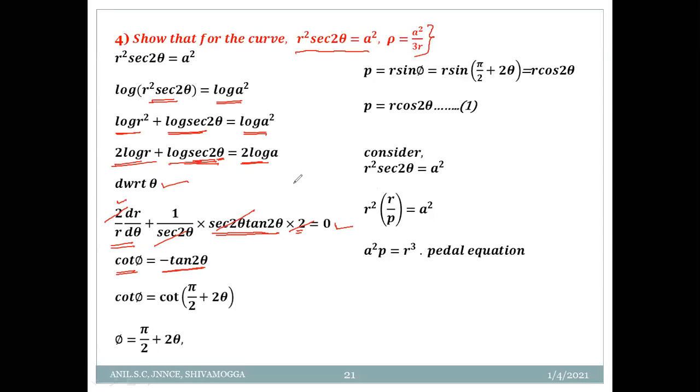And we know that cot of pi by 2 plus theta is equal to minus tan theta. Use this expression. Therefore, minus tan theta is equal to cot pi by 2 plus theta. Here theta is 2 theta. Therefore, phi is equal to pi by 2 plus 2 theta.